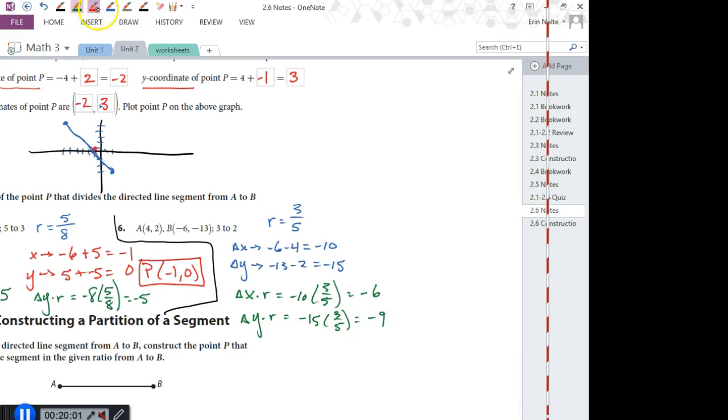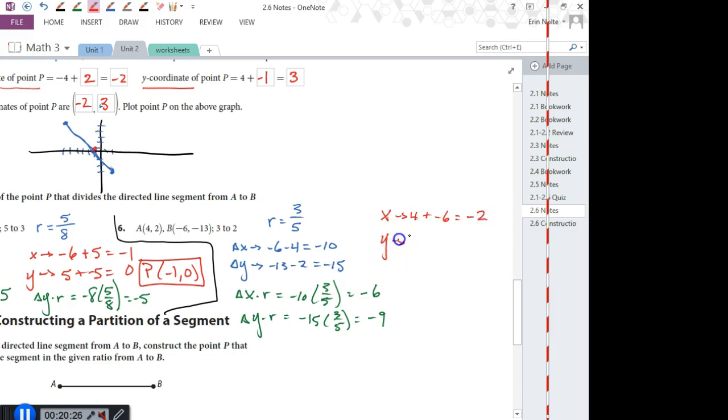Okay, so now to find my point P, to find the x, I would take my XA value. So what's the XA value? 4. 4, and then add my run rate, sorry. -6. So what's 4 plus -6? -2.